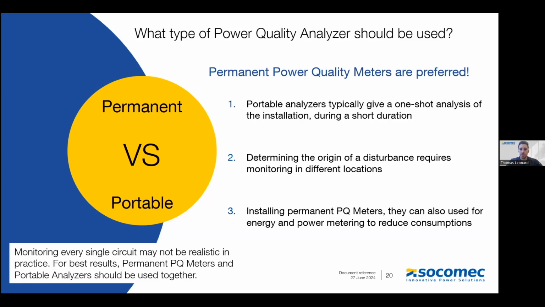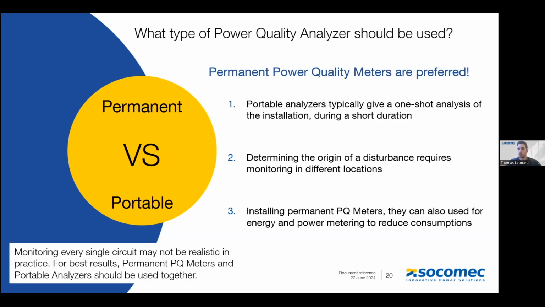So when you typically install a power quality meter on your main feed, you also have your demand profiles and your consumption, which allow you to understand how your facility is consuming energy. It allows you to identify ways to avoid peak demand charges. It allows you to size the distribution correctly.